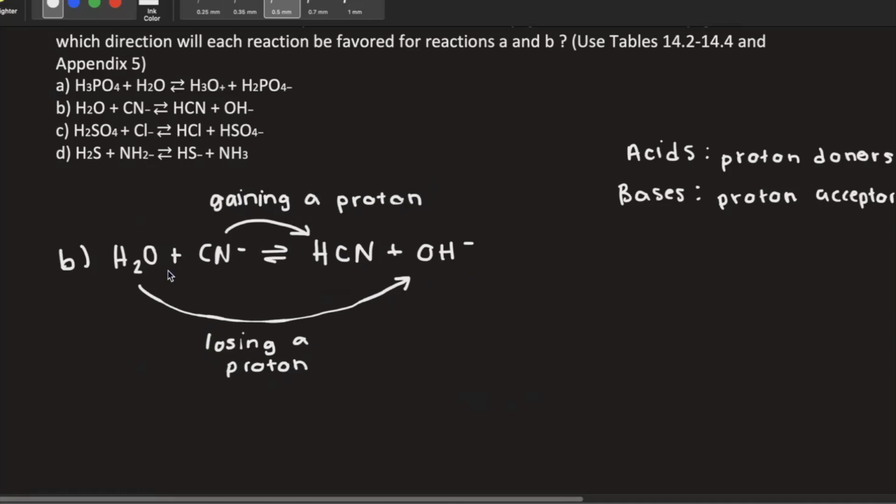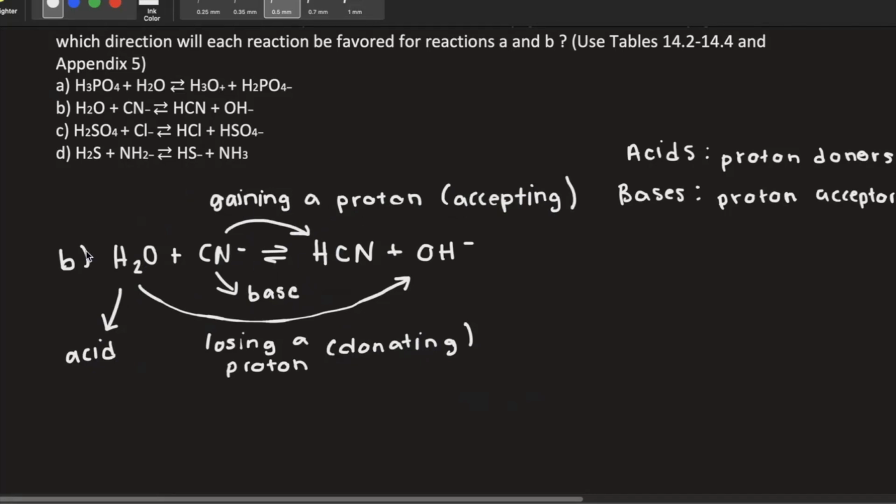So now referring back to our definitions, we can see that H2O is losing a proton, which means it's technically donating. And CN minus is gaining a proton, which means it is accepting. So we can deduce that since H2O is donating, it is an acid, and CN minus is gaining a proton, so it is a base.